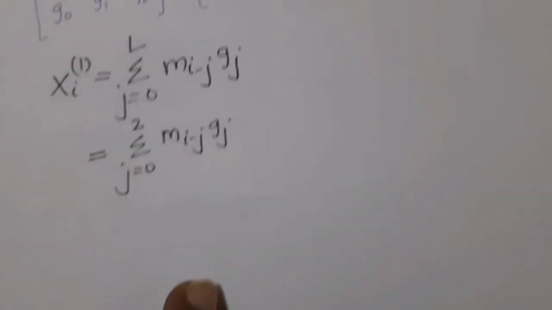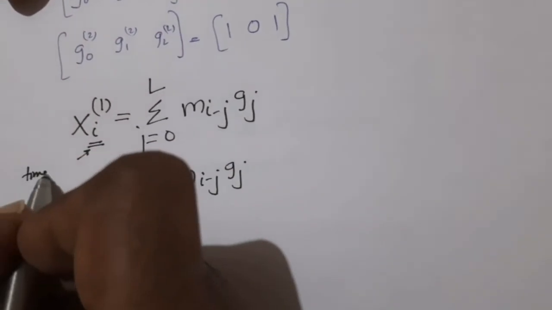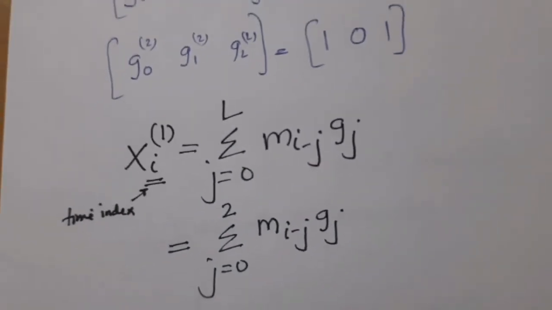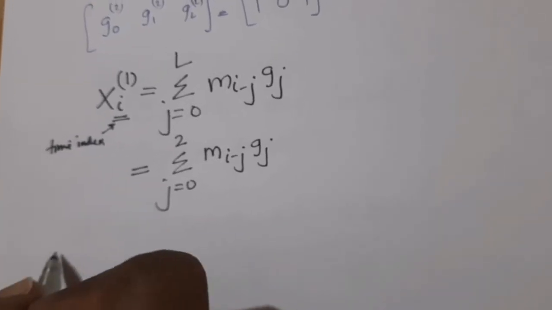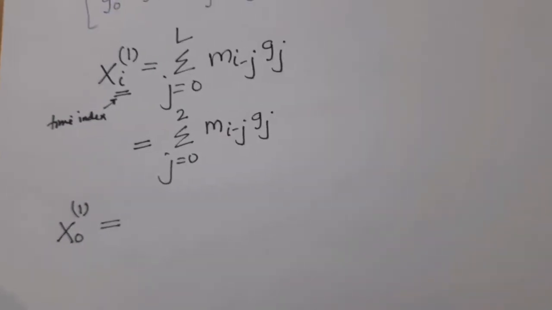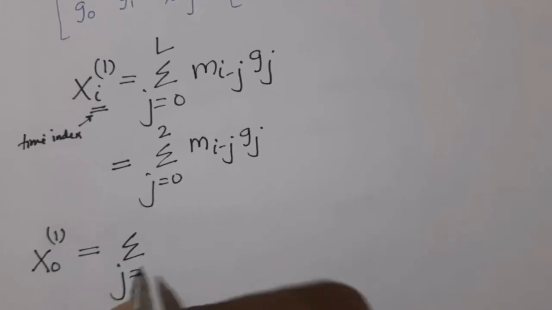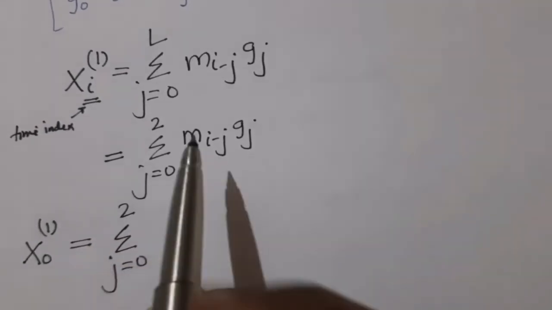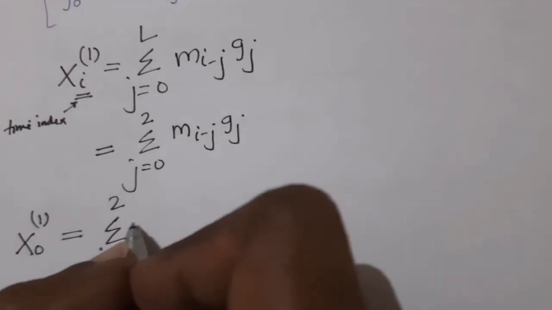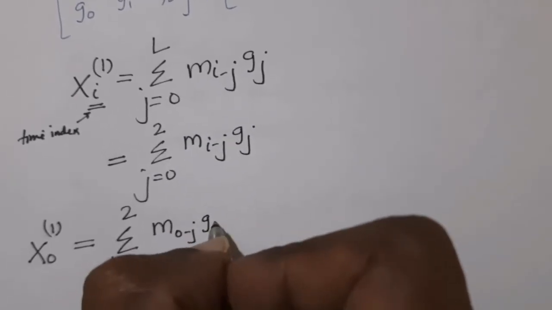Here i indicates the time index. First of all, we will find at time i equal to 0, so this will be x0 of 1. x0 of 1 is sigma j equal to 0 to 2, m0 minus j, g of j.